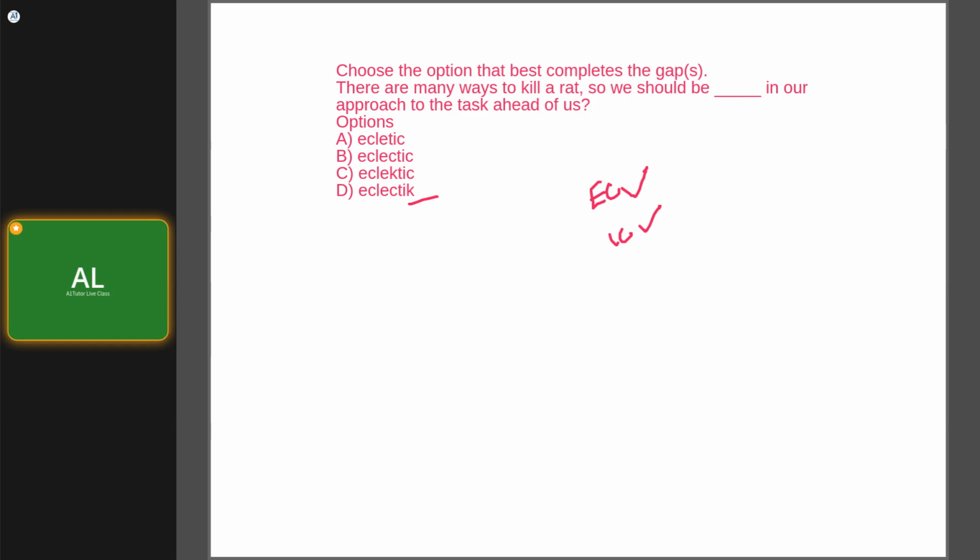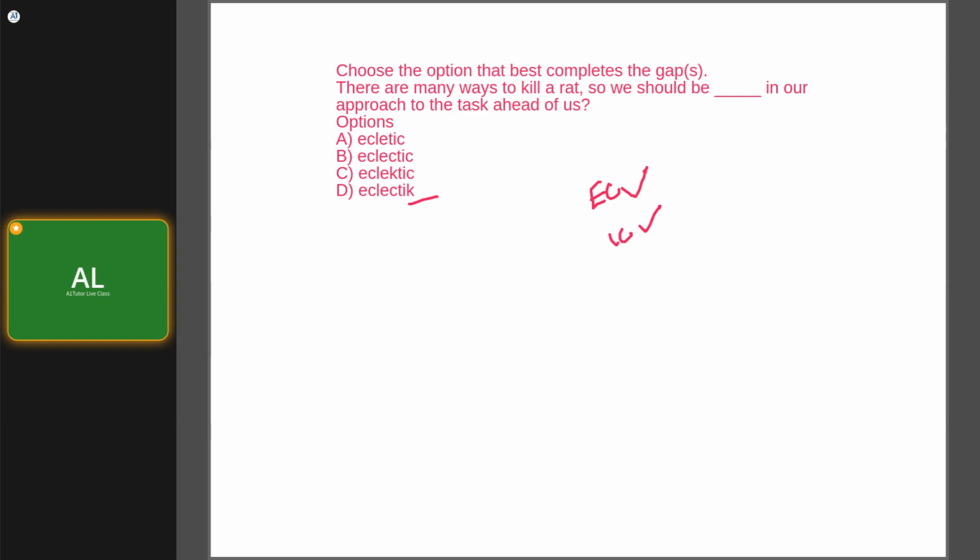Now, when we say eclectic, each part follows familiar spelling rules. Instead of having K, the English language does not usually use K for that sound.